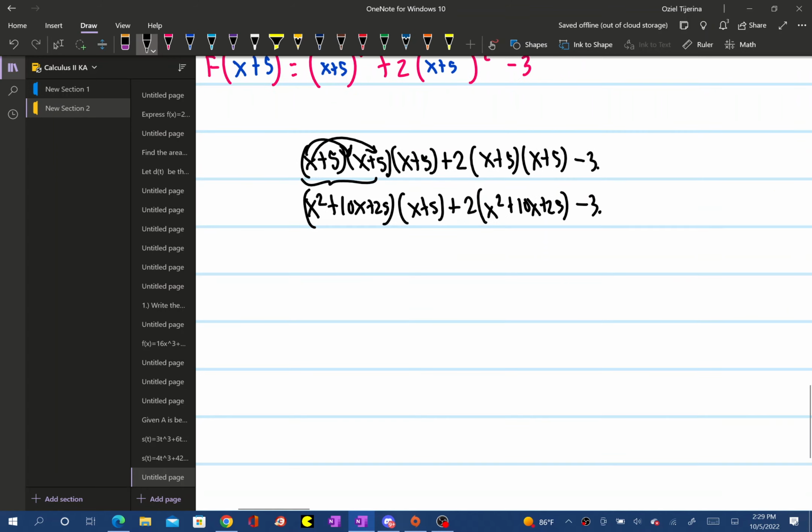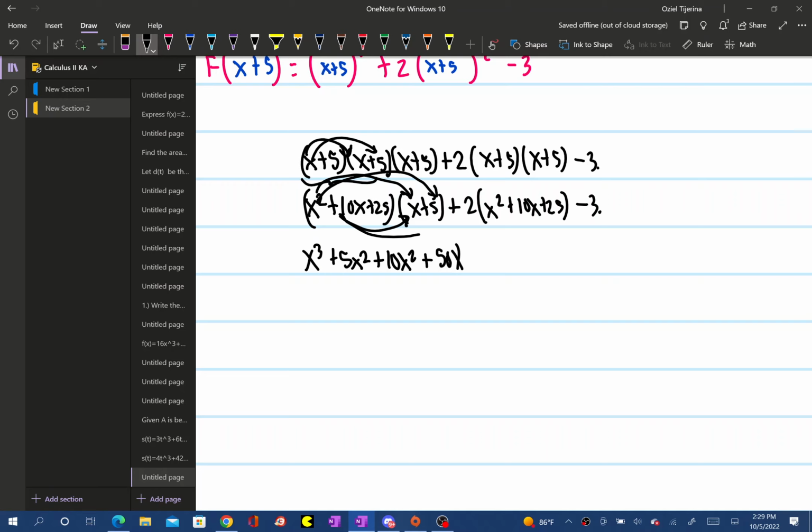So then it would be x cubed plus 5x squared plus 10x squared, and then plus 50x and plus 25x, and then plus, I think it's 125, and then plus 2x squared plus 20x plus 50 minus 3.